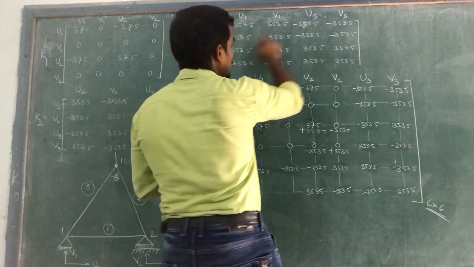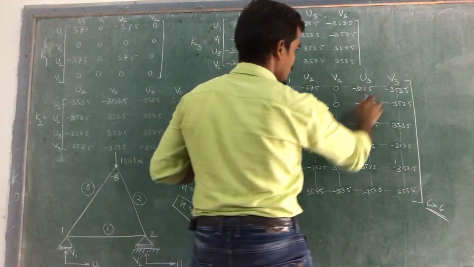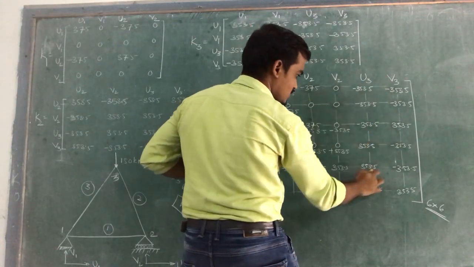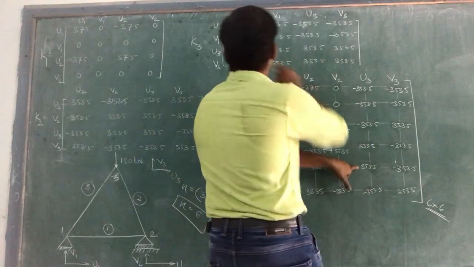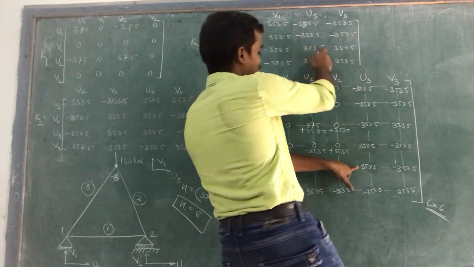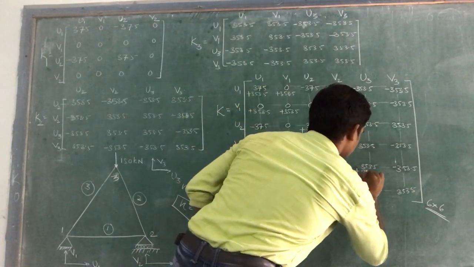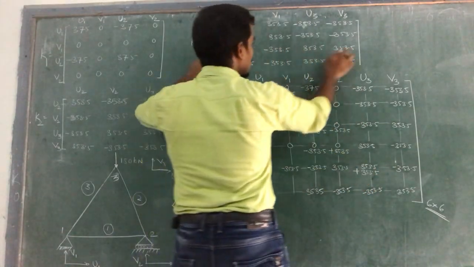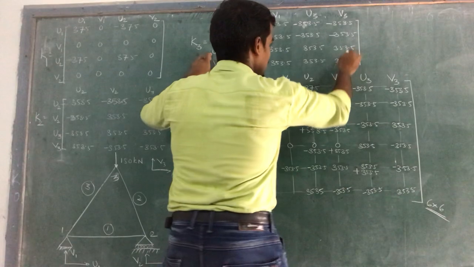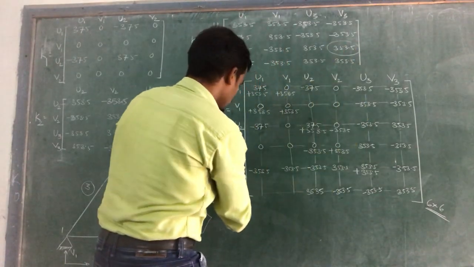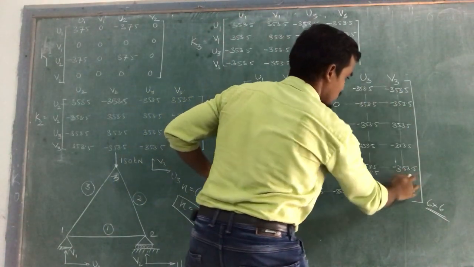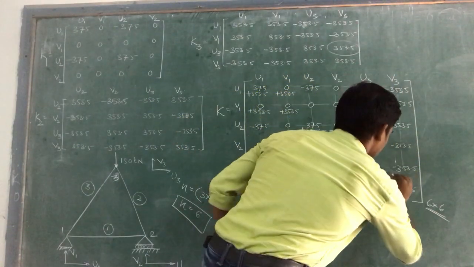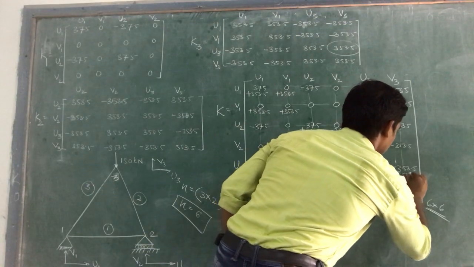Then U3 row, U3 column. So the value should be at this one. This is nothing but your 353.5 plus 353.5. Finally, U3 row and V3 column. So this value we need to place there, plus 353.5.